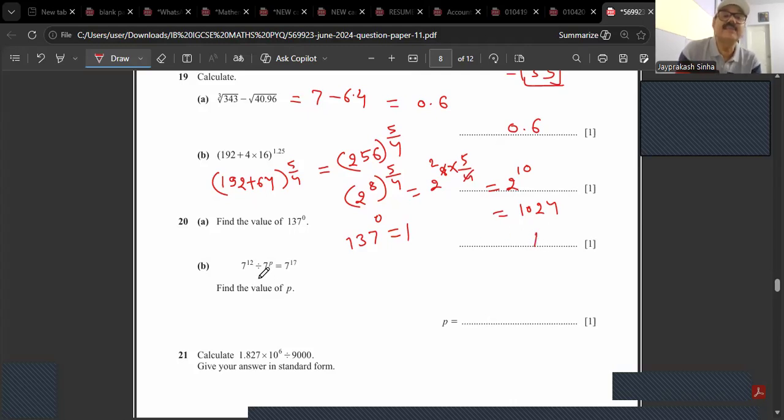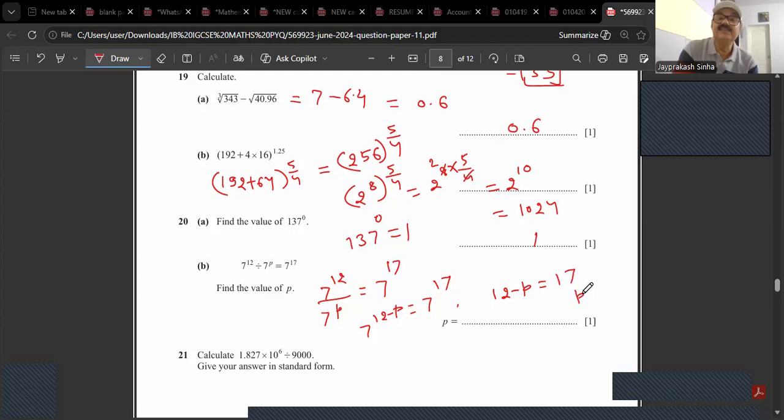Now here, 7 to the power 12 divided by 7 to the power p is equal to 7 to the power 17. So we can write 7 to the power 12 minus p is equal to 7 to the power 17. So equate both the sides, means 12 minus p is equal to 17.